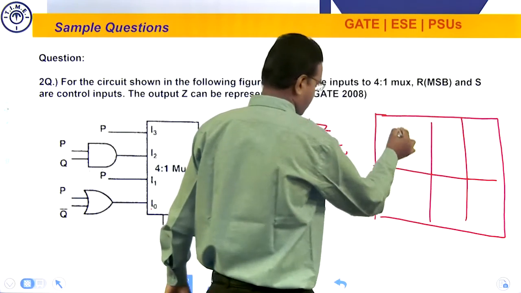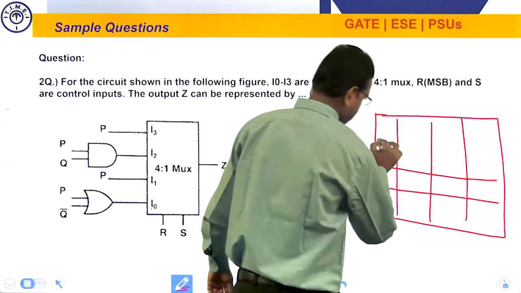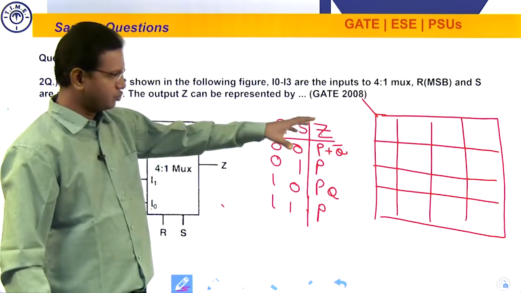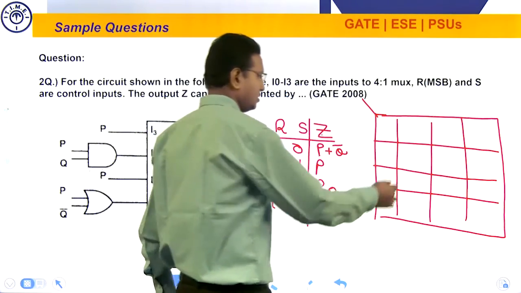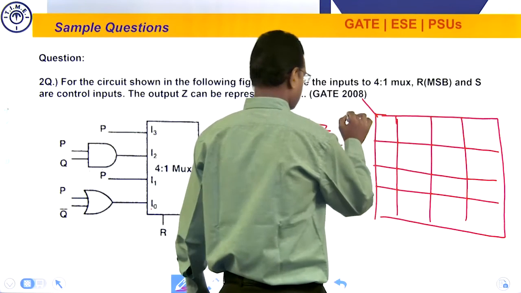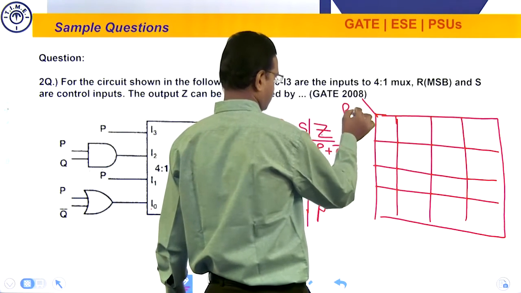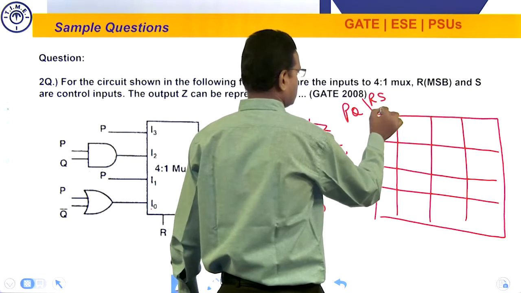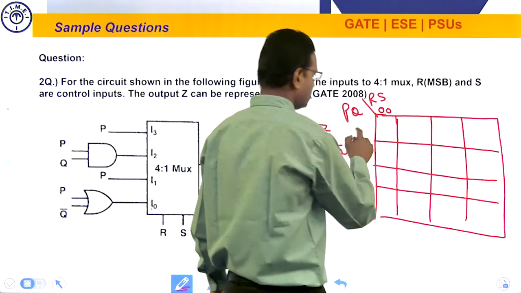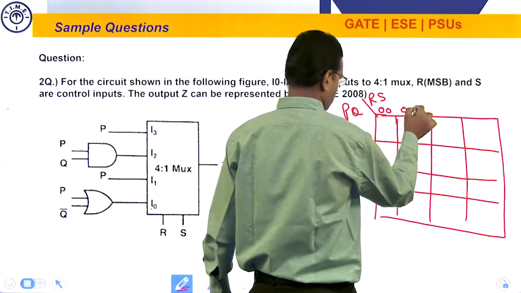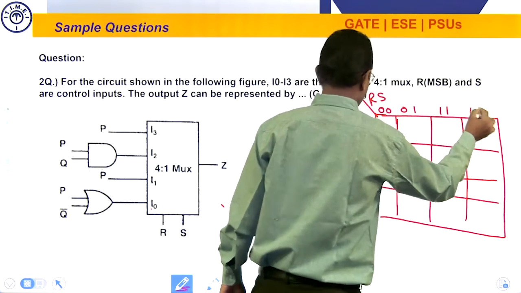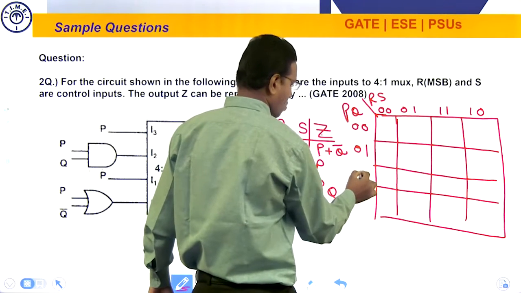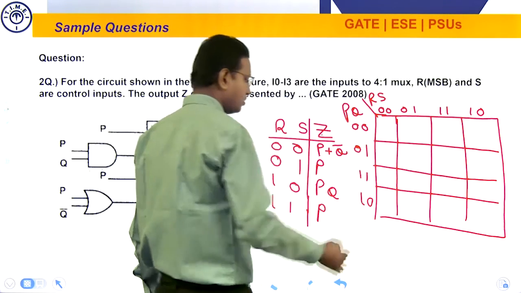A 4 variable K-map has a total of 16 cells, which you are familiar with. I am writing P, Q, R, S this way, writing the gray code 0 0, 0 1, 1 1, 1 0 for RS, and considering PQ variables I am also writing the gray code 0 0, 0 1, 1 1 and 1 0.